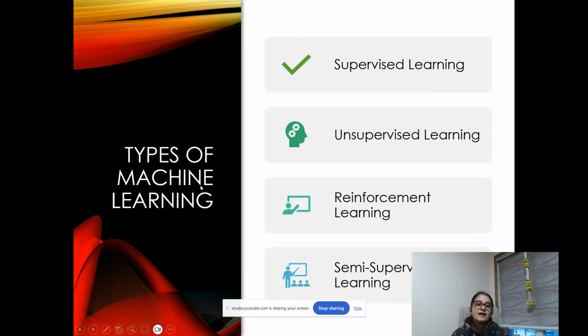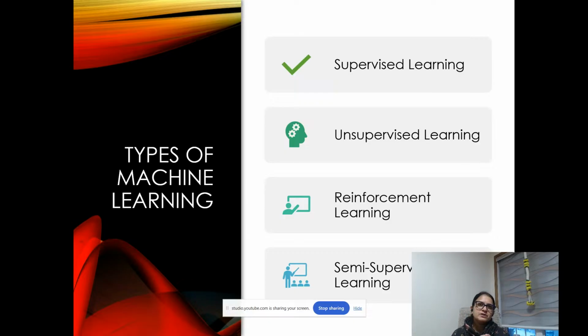Next are the types of machine learning. Here you have supervised machine learning, unsupervised, reinforcement, and semi-supervised learning. This is just the names. Again, I will say you don't need to worry about the details right now. Don't stress yourself, just listen carefully and try to understand the concept.